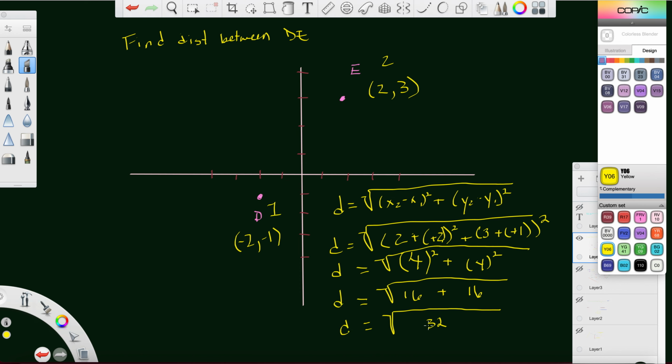You're not really all the way there. But if you can factor out the 16, because that's root 16, which is a perfect square, times root 2, then you can figure out that this is actually 4 square roots of 2.